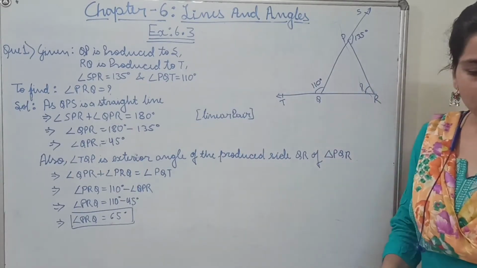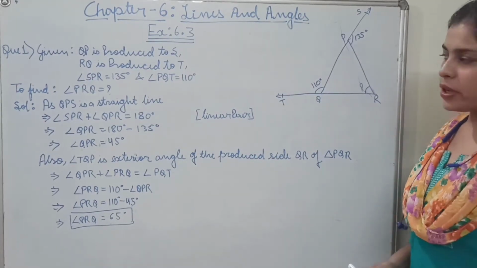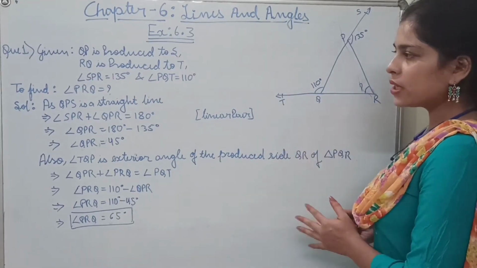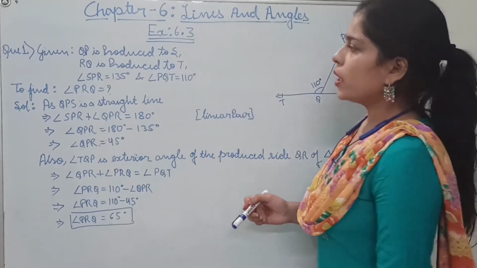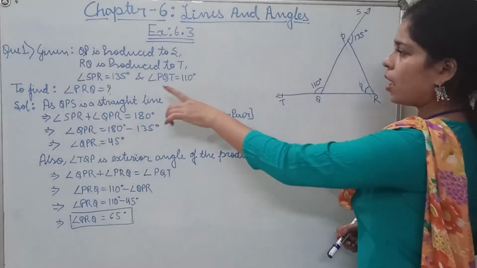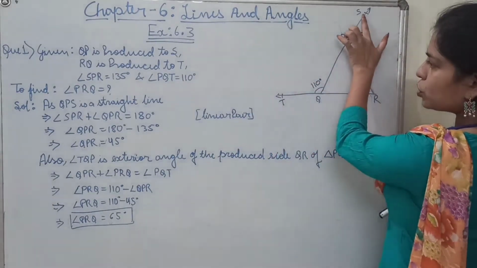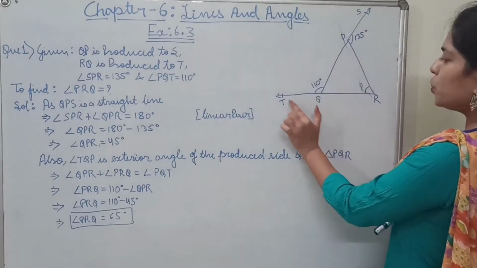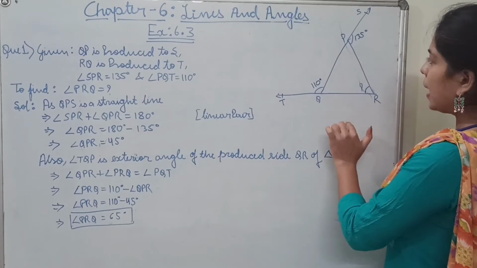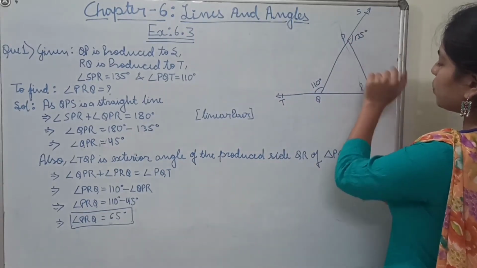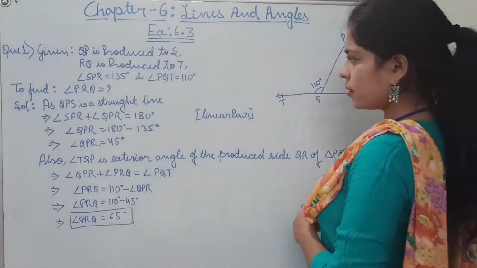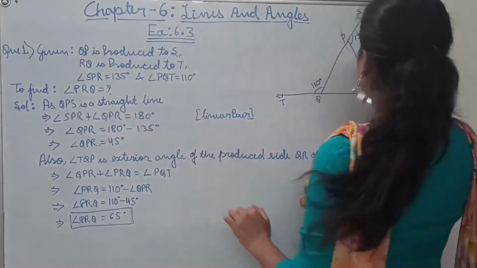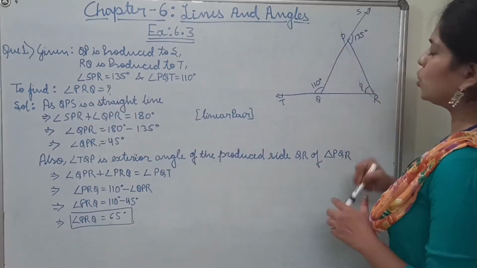As we were doing before, we will mention all the given things and what we have to find before solving the question. Given: QP is produced to S, RQ is produced to T, angle SPR is 135 degrees and angle PQT is 110 degrees. To find: angle PRQ.